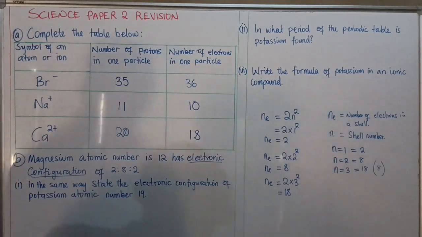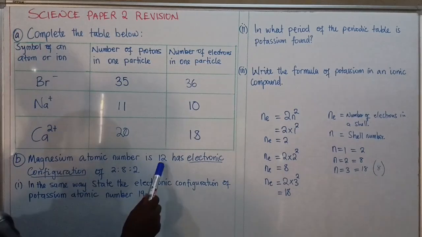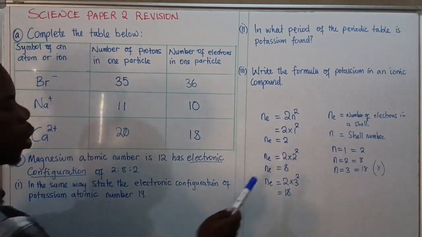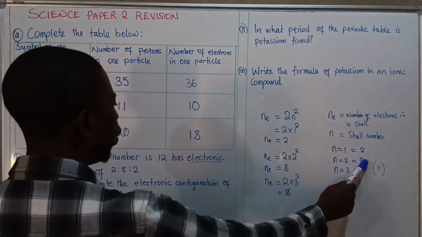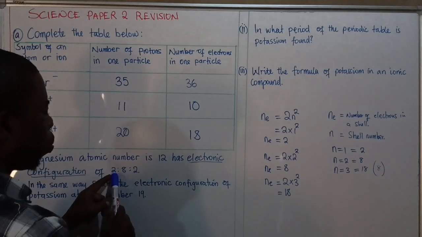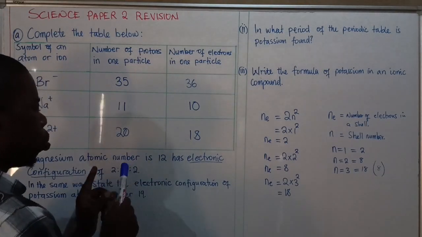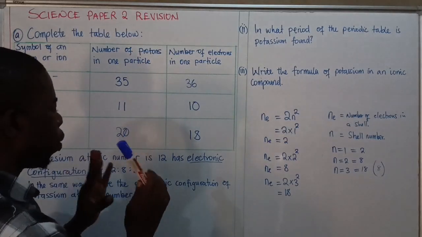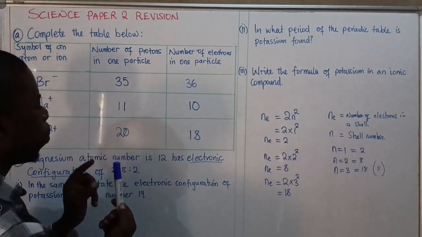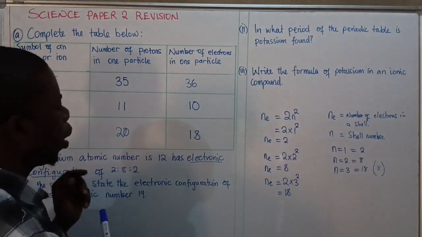So in the same way, for magnesium, its electronic configuration was placed like 2, 8, because it has 12. So 2 went there, you start distributing. When you get 2, you put it there. From 12, you remain with 10. Then from that 10, you get 8, you put there. So you remain with 2. So 2 remains there.